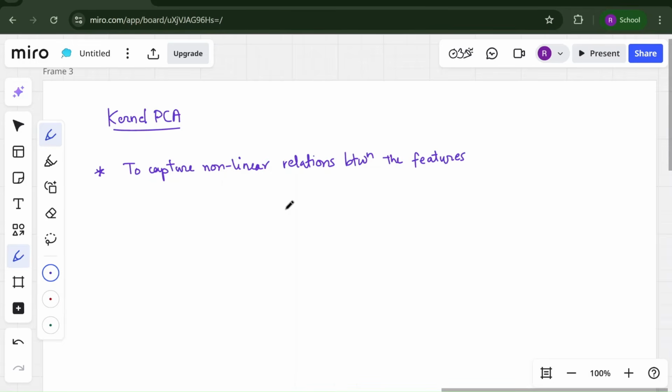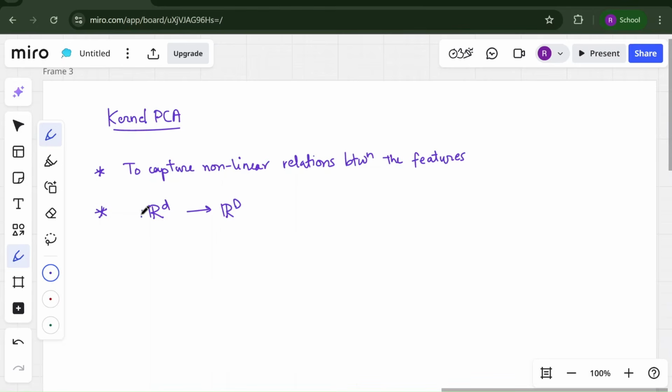So what do you need to know about kernel PCA? First of all, you have to know that it is actually a trick. You're moving from a smaller dimensional space R^d to a bigger dimensional space R^D. How are you moving?